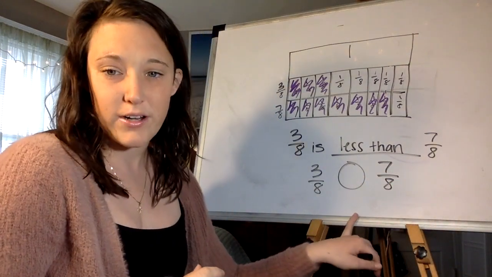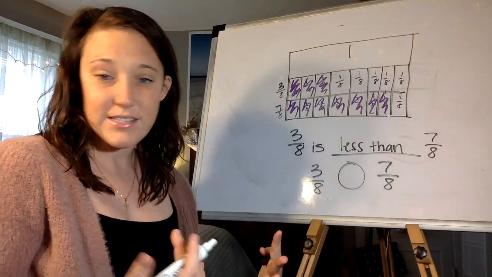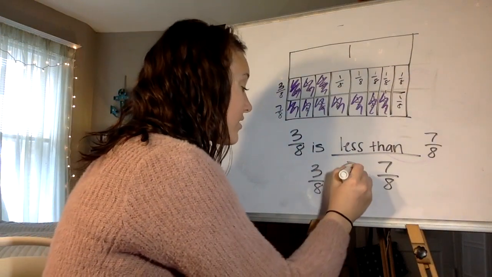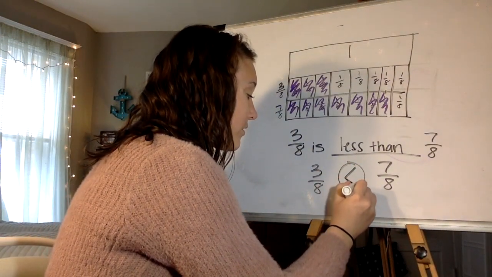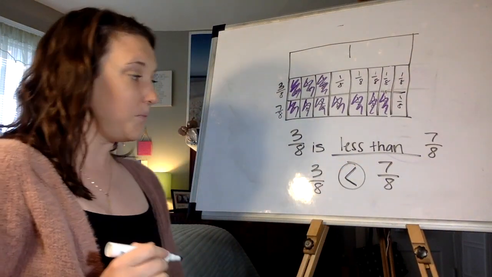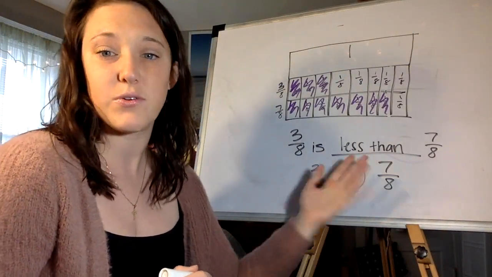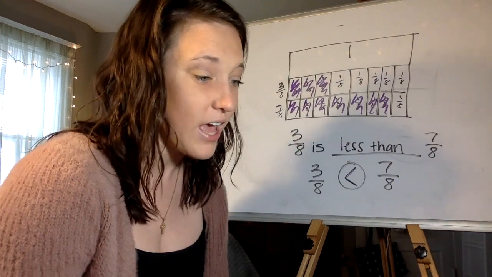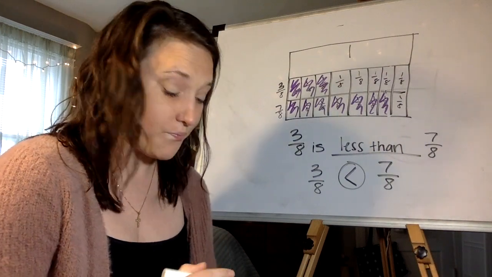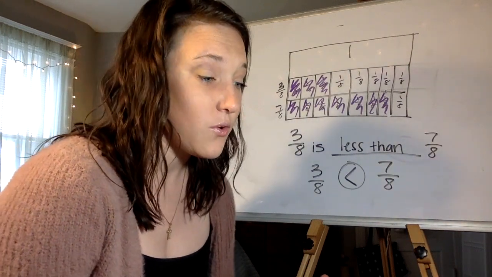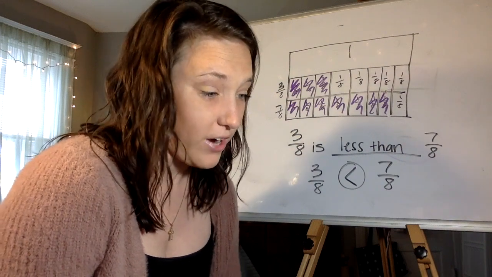Well, that is where we're going to put our less than or greater than symbols. So we would add our less than symbol. So the arrows are opening up to the greater fraction. So it's opening up to the 7/8. And that's all you need to do. Okay? So that's how you do the one example with the fraction strips.